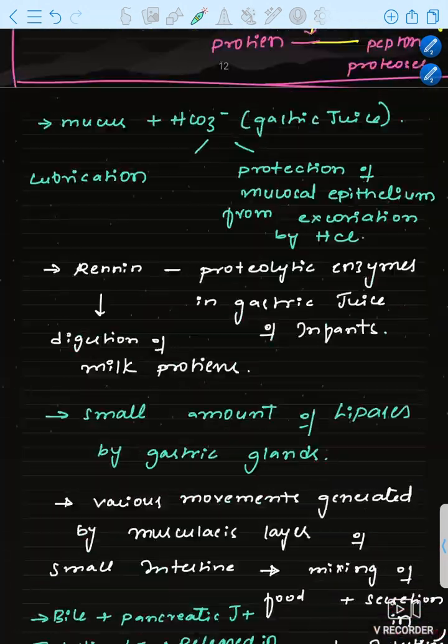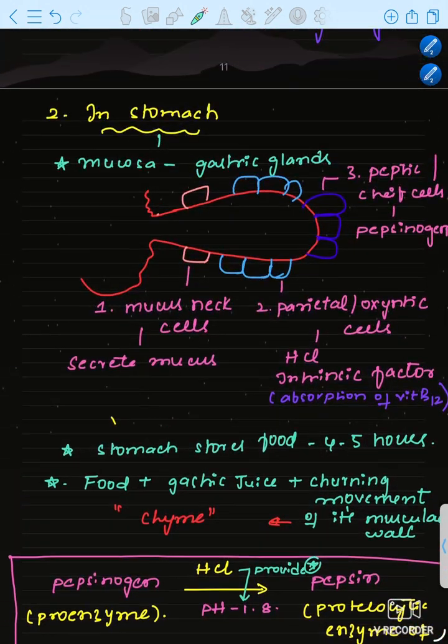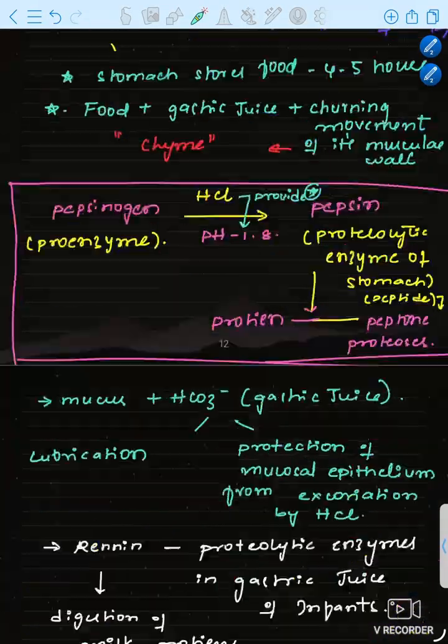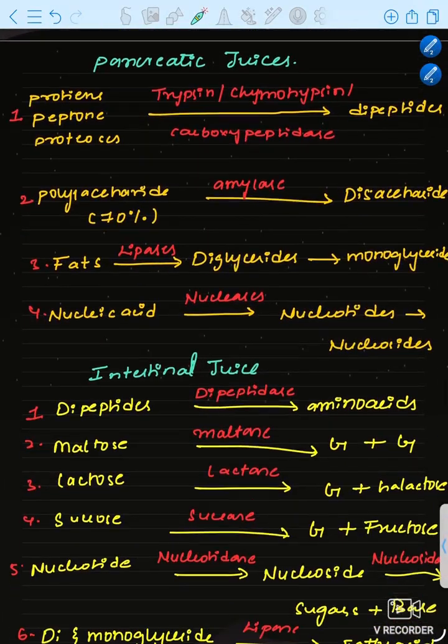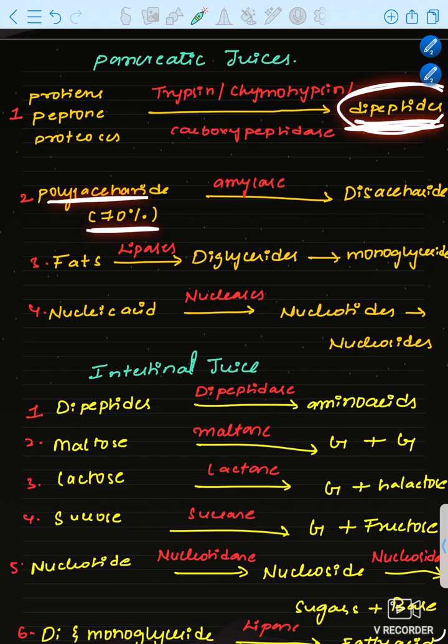You remember? Peptones and proteases from stomach, and new proteins will be broken down into dipeptides, and polysaccharides, the remaining 70%.